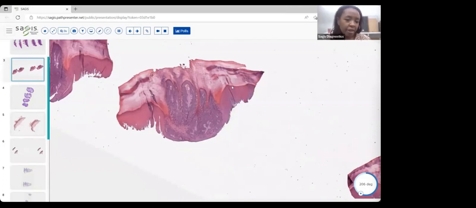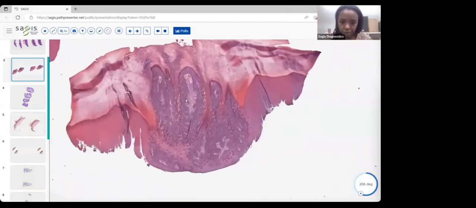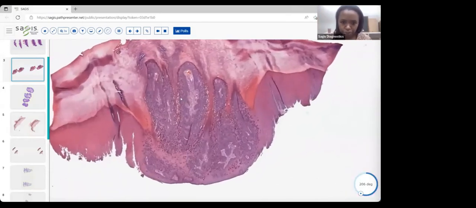And that gives a clue that we may be looking at an acral area. We have a little bit of stratum lucidum here, right? And then what's most obvious, most striking is this exoendophytic growth with these almost anthill-like structure or pattern to the growth.